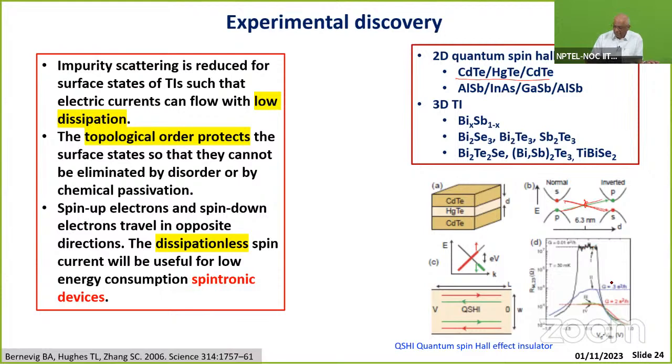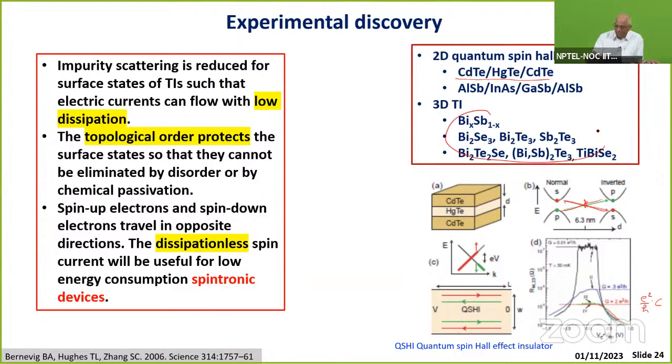But then as you keep modifying that layer structure, you will see the resistance dropping, and you see the plateau corresponding to, again, E squared over H, and then the topological invariant. See this green and red, right? So this is an indication of the quantum spin Hall effect insulator. So it is experimentally seen in the structure.